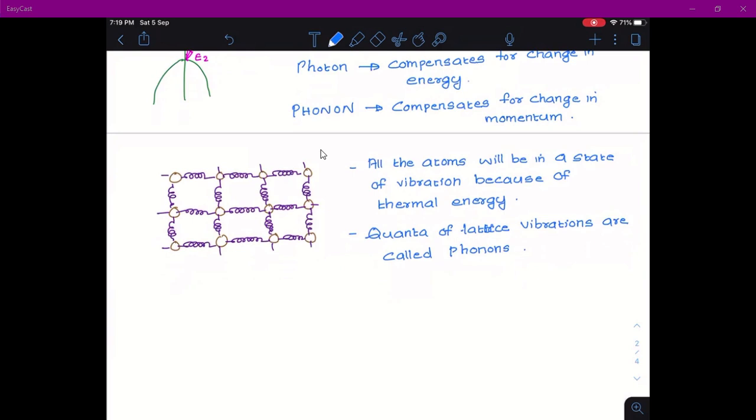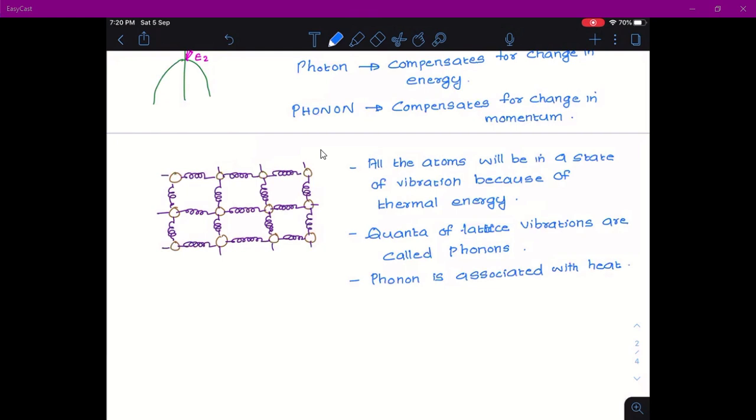Now, when something vibrates, it will produce heat. So you can say, just like a photon is associated with light, a phonon is associated with heat. When light is incident on a surface, a photon is incident on a surface. Similarly, when heat is transferred, a phonon is transferred.